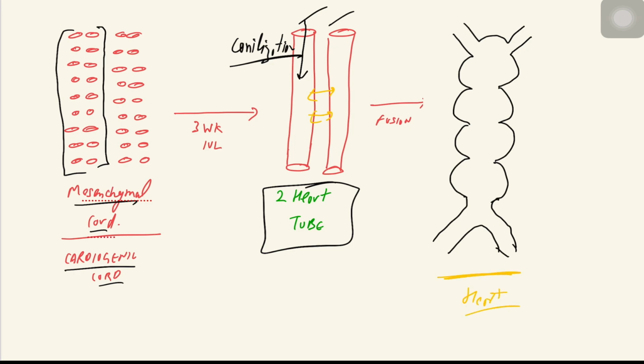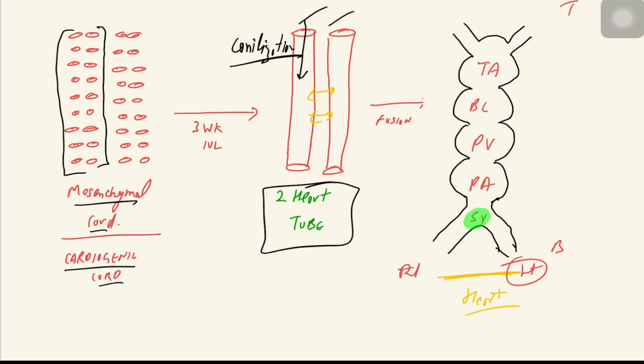Now let us have a look at the various components of this heart tube. So from top to bottom, this is your right and this is your left. The first part is truncus arteriosus, bulbus cordis, primitive ventricle, primitive atrium, sinus venosus. Now sinus venosus has three parts.